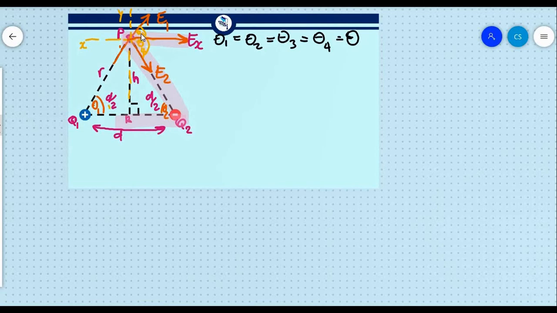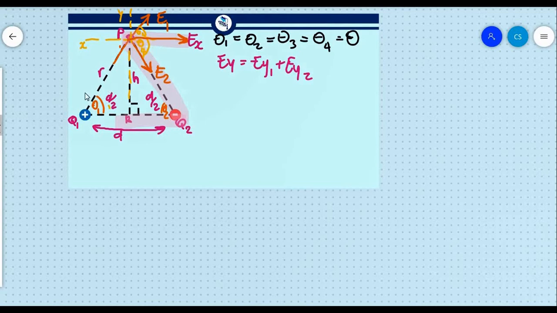But seeing that E1 and E2, they both have X or horizontal and vertical components, X and Y components, we'll have to break them into their components. So let's look at the Y components first. Let's do that first, seeing that they're easier. Alright, so EY would be equal to EY1 plus EY2.